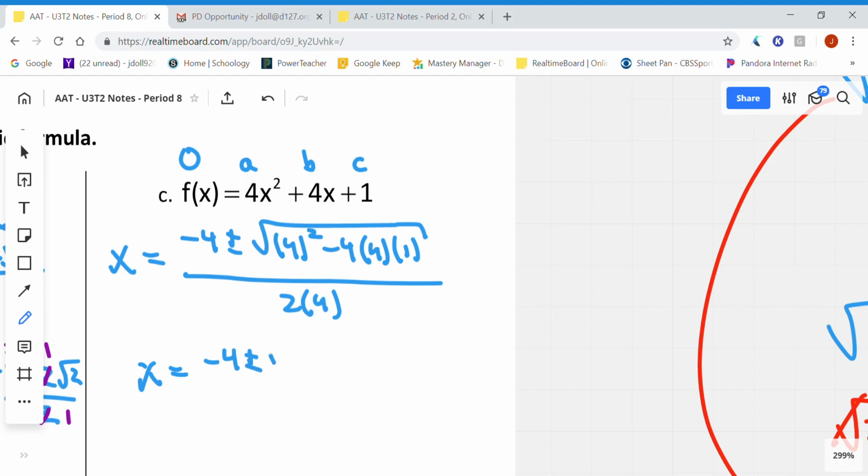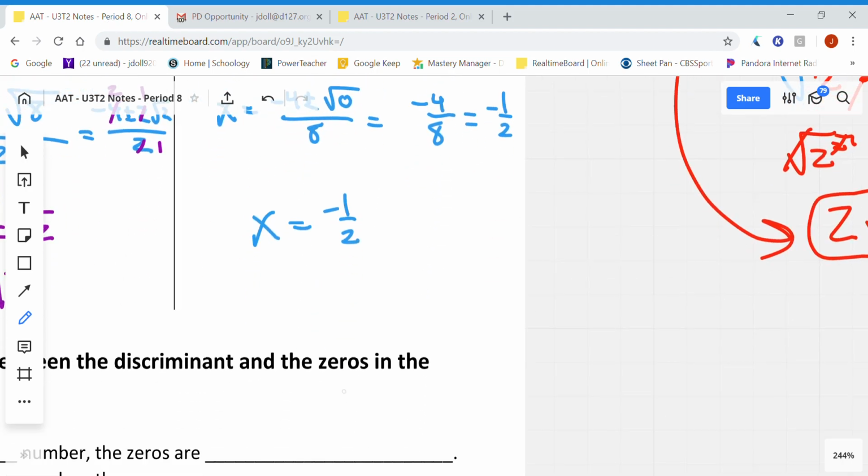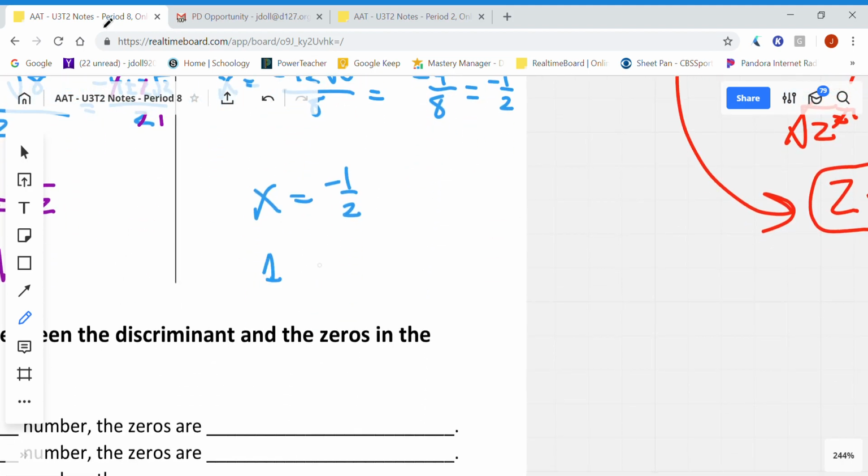What we actually have here is the square root of 0. Well, the square root of 0 is just 0, and negative 4 plus 0 and negative 4 minus 0 is just negative 4. So what I end up with here is not 2 zeros, because the plus or minus is what really causes me to have 2 zeros in this formula, but I have just 1. And negative 4 over 8 simplifies to negative 1/2, so my zero is negative 1/2. So in this case, I have 1 real zero.